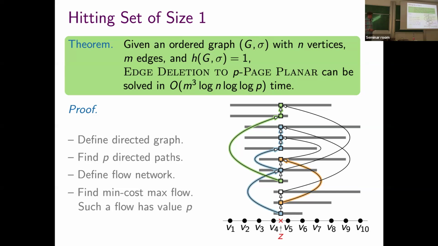Yes. Because of this capacity constraint, we cannot have a higher value, and we can obviously push P paths through. So the maximum flow will always have value P. And among all those value P flows, we will take one of minimum cost. Okay.